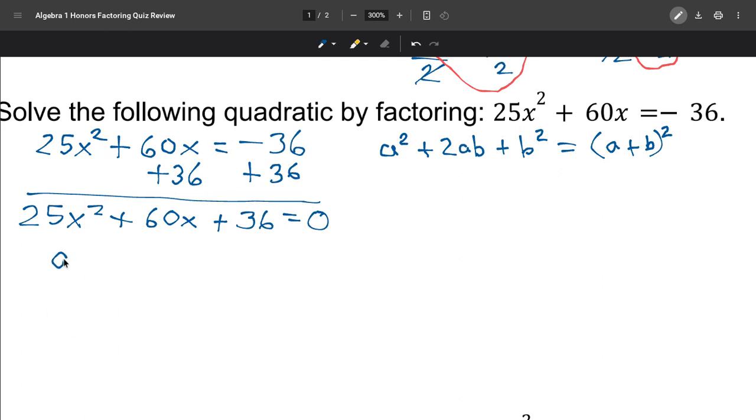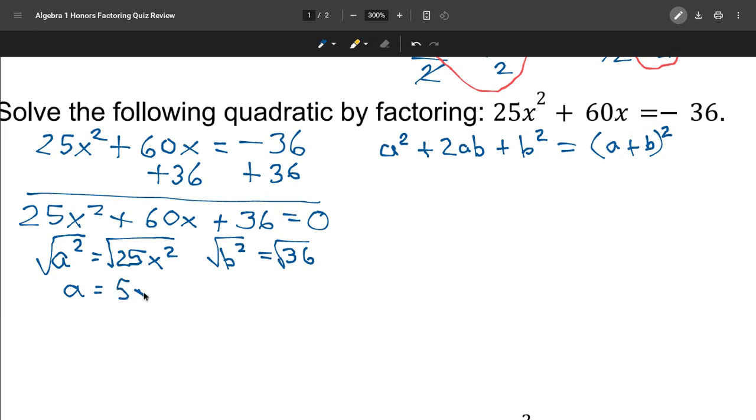So if I say a squared equals 25x squared, and b squared equals 36, I can take the square root of both sides here, and I'll get a equals 5x, and b equals 6.